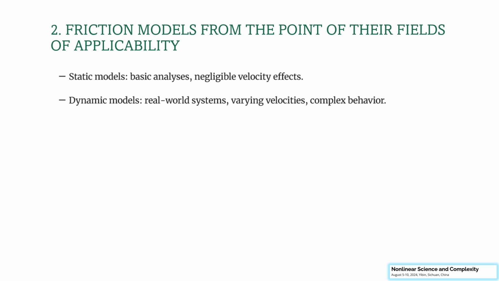In the domain of friction modeling, the static models typically assume the absence of microscopic effects in the pre-sliding regime, while dynamic models account for both microscopic and macroscopic friction effects during both the pre-sliding and sliding regimes.